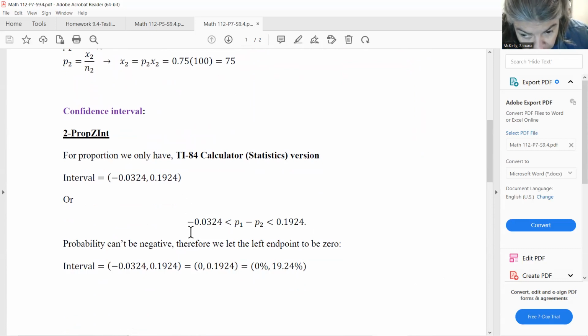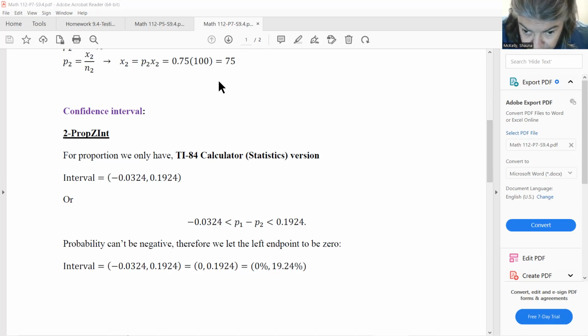But if we want probabilities, she's gonna suggest that if you get this left end initially to be negative, that you make it 0 because it's not supposed to be, okay? So you're gonna write this interval, and then you're going to change this. So it's gonna look like this, okay?